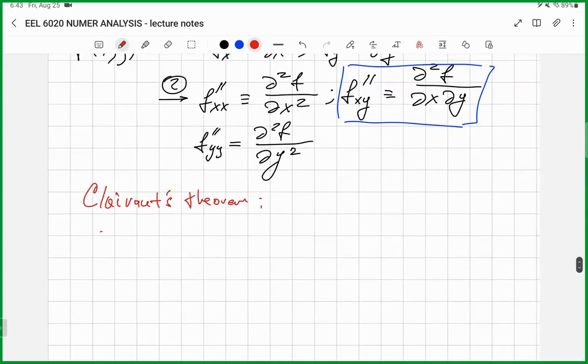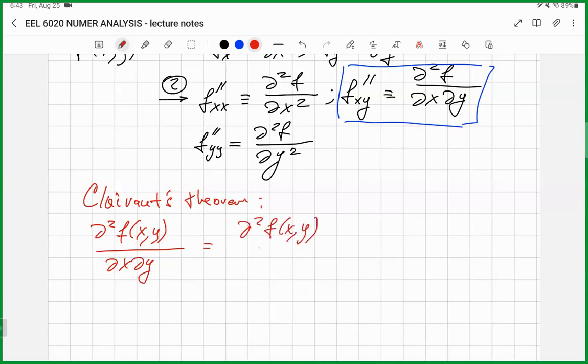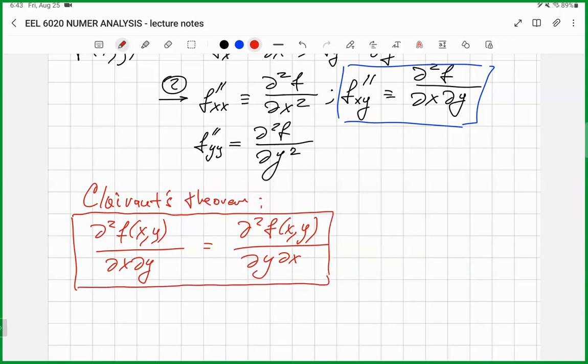You can write this like this: d2f over dx dy is equal to d2f over dy dx. This is also a pretty good result.